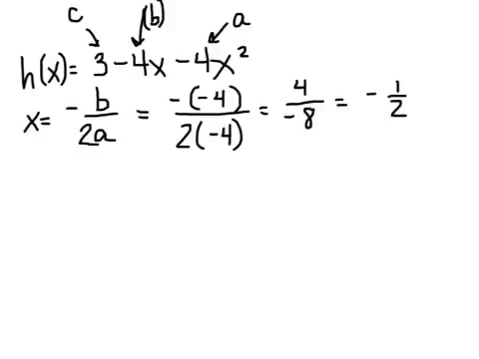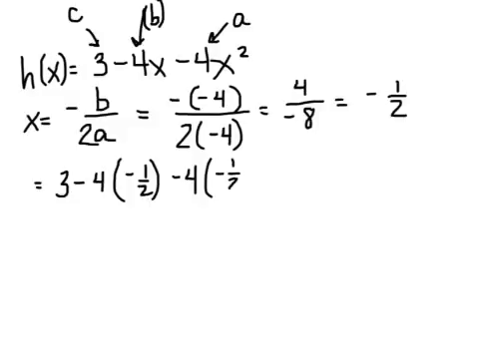Now when I insert that into my equation, 3, minus 4 times negative 1/2, minus 4 times negative 1/2 squared. I know my students a lot of times use decimals. If you use fractions, it's not really going to make a difference. It's all personal preference.